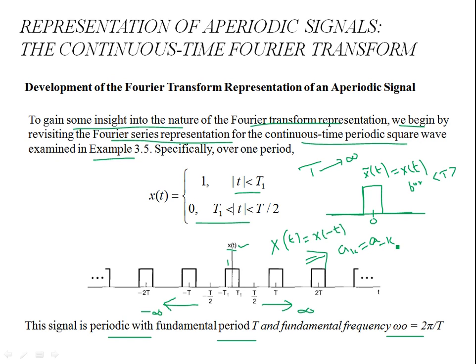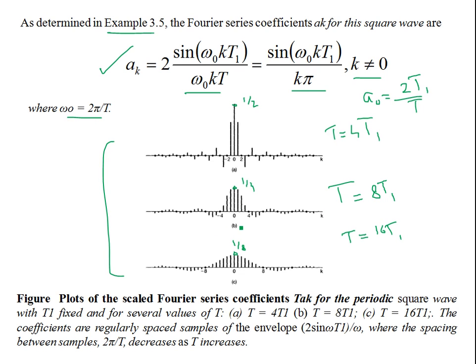You can see the symmetry over here as well. The Fourier coefficients are symmetric. Anyway, the point is that these plots are the Fourier coefficients times T. You can bring this T onto the left-hand side of the equation and plot this as a function of k.